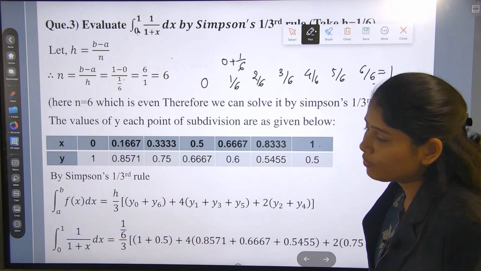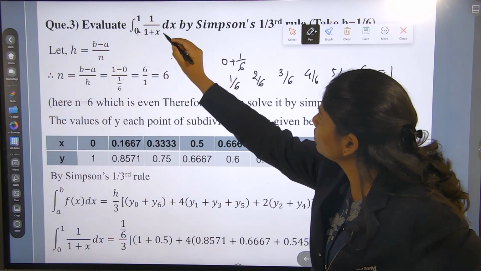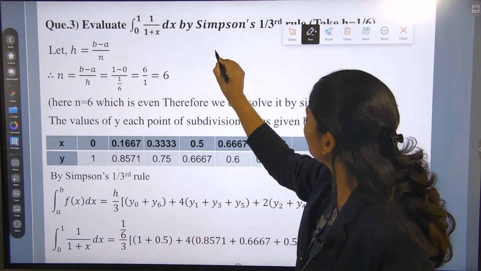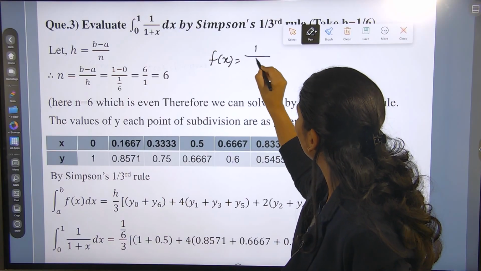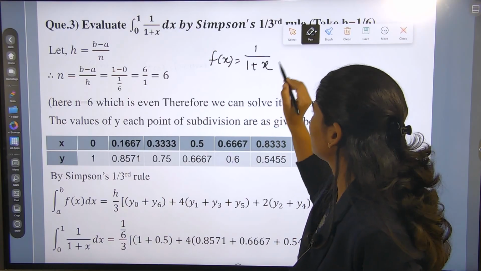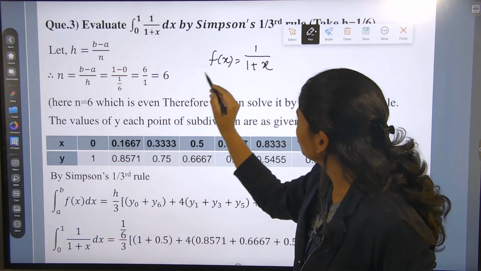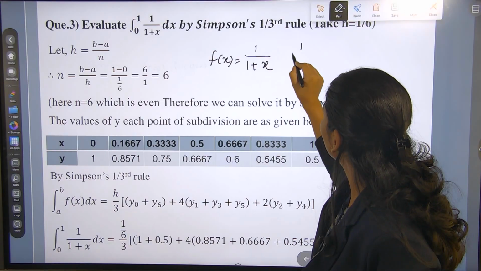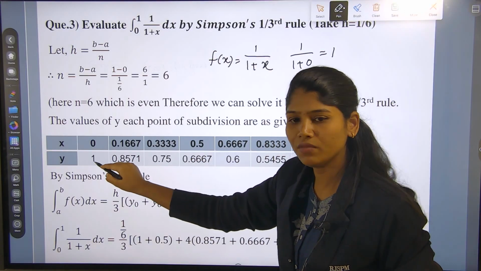Okay. After finding the values of x, find out y. We all know the function f of x equals 1 upon 1 plus x. So put here the value of x as 0. We get 1 upon 1 plus 0, that is 1. So write here the value of y.